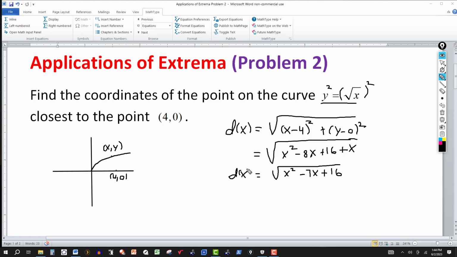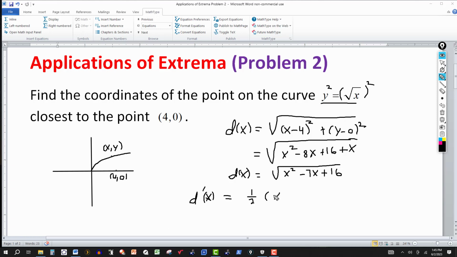So we want to find the critical numbers of this function here. Now I could go ahead and square both sides and find the critical numbers for the square of this, and it'll still work out. But I'll just go ahead and leave it this way and just take the derivative right here. It's not really that bad. So the derivative here then, this is a radical, so this is to the 1/2 power, so this will be 1/2 out here.